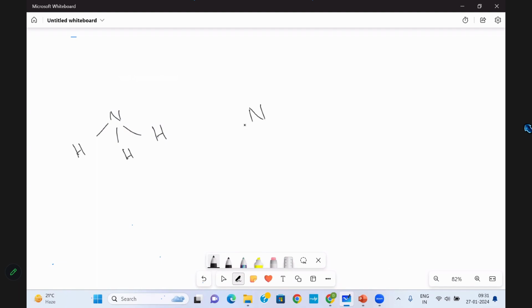Let us go now with nitrogen halides, NX3, where X can be fluoride, chloride, bromide, and iodide. Guys, this is a very interesting question, it can be a mid-sem question also. NX3 always forms what? Pyramidal geometry.